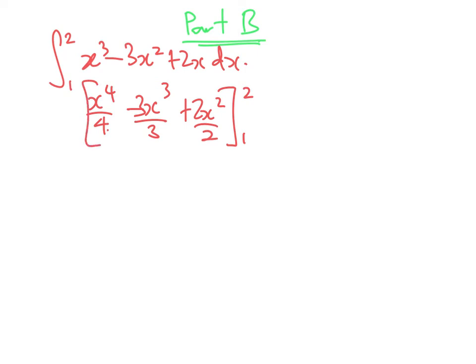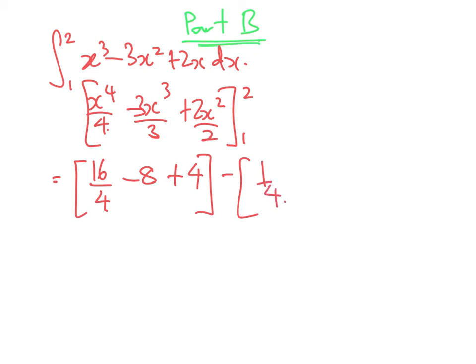So let's solve this. We have 2 to the power of 4, which is 16 over 4, minus 2 to the power of 3, which is 8, 3 over 3 is gone, and then 2 to the power of 2, which is positive 4. And then minus 1 over 4, and then minus 1, and then plus 1.